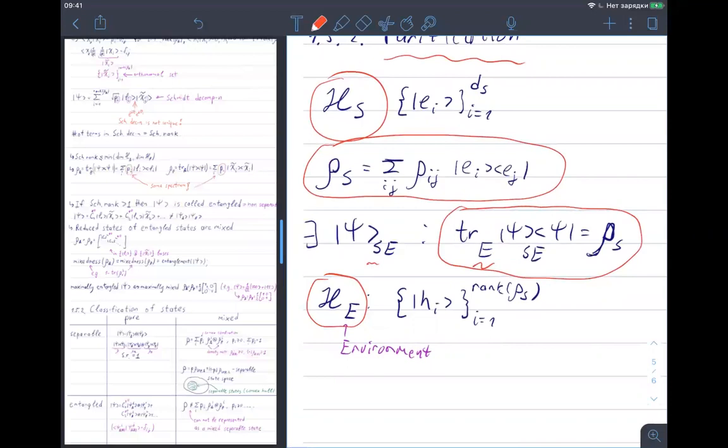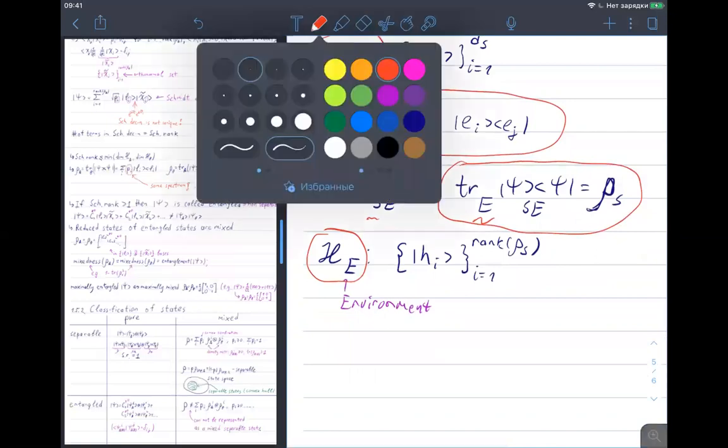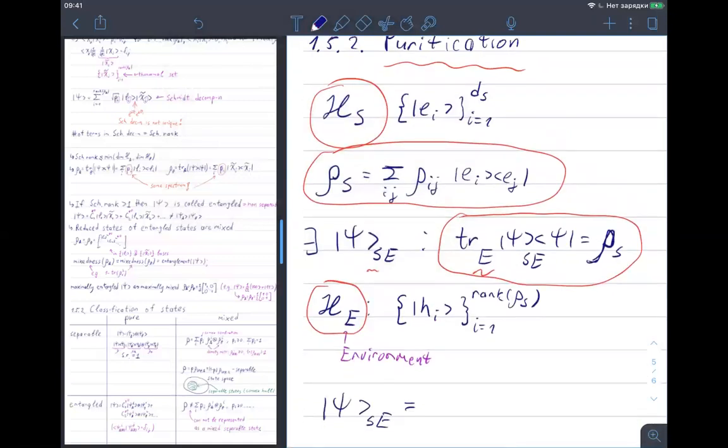So the question for you: how can I derive this psi? Any ideas? What is the form of this psi, such that I take a partial trace over E and obtain my rho_S?